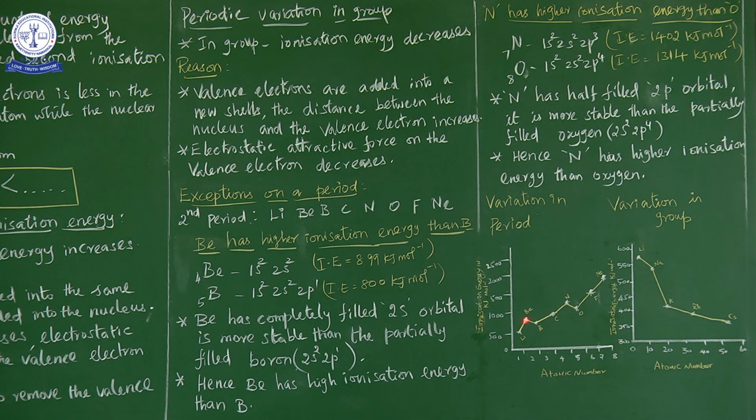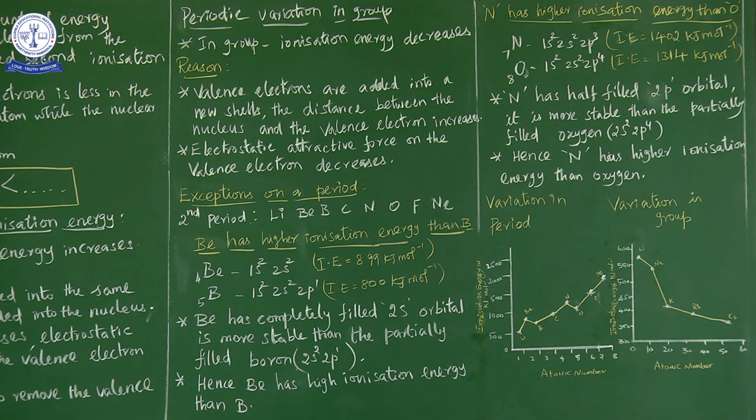From lithium to beryllium it increases. Then there is a sudden decrease at boron, because beryllium has higher ionization energy due to the completely filled 2s orbital, which we just saw. Then it increases again. After nitrogen, we would expect oxygen to increase, but nitrogen has higher ionization energy due to its half filled 2p orbital.